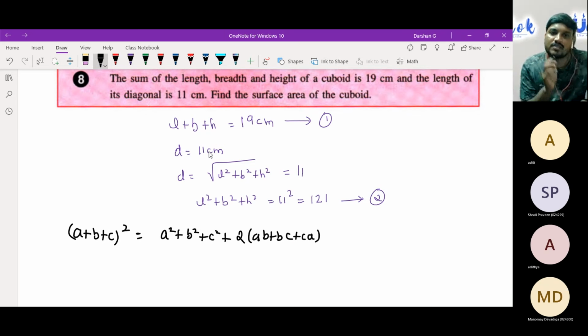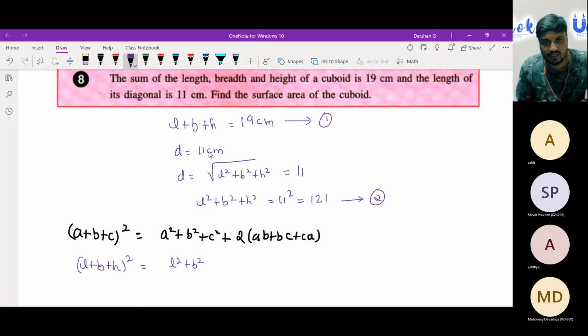We should remember this. Similarly, apply for this. It would be L plus B plus H the whole square equals L square plus B square plus H square plus 2 times of LB plus BH plus HL.